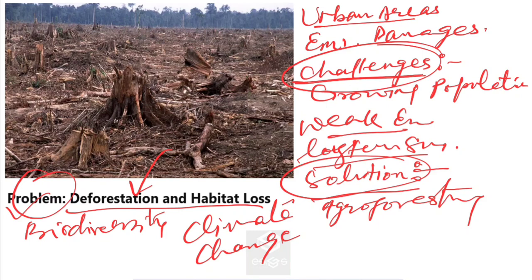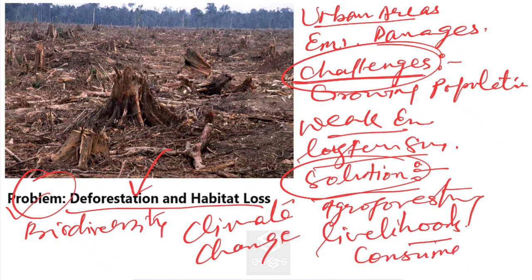Also, companies can commit to zero deforestation supply chains, working with local communities to promote sustainable livelihoods, and invest in eco-friendly technologies that can minimize the environmental impact. One more thing, consumer demand for sustainably sourced products can also help drive change. So consumer demand is also an important subject in this.